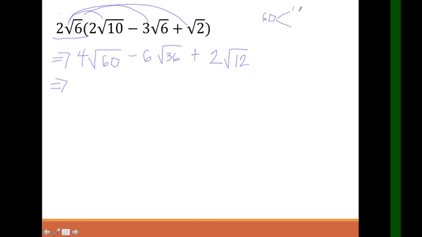So, pwede ba yung 4 and 15? 4 times 15 is 60. So, we have 4. Kasi yung 4 perfect square siya. So, 4 times 15 minus 6. Square root of 36 is 6. Tama? Plus 2. What are the two factors of 12?